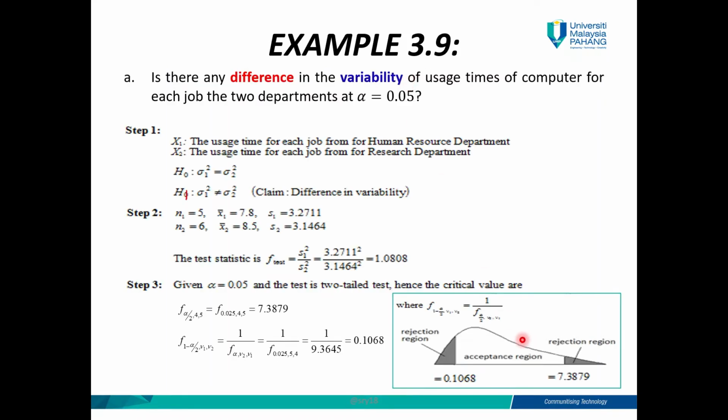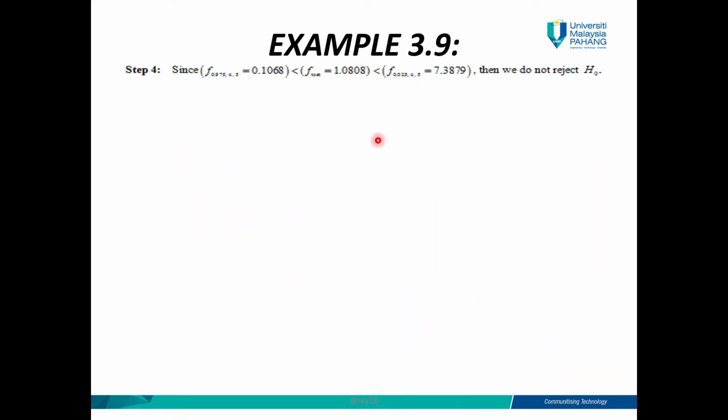So you write step 4 like this, showing the test statistic is between the left and right critical values. The decision here is to not reject H null. You also can write: since the F test falls in the acceptance region, then we don't reject H null. Such is also accepted. Done for step 4.